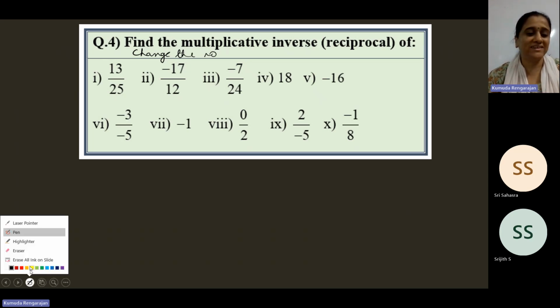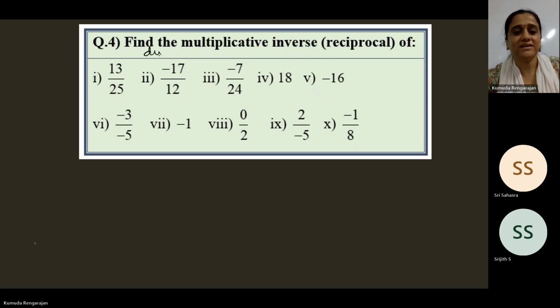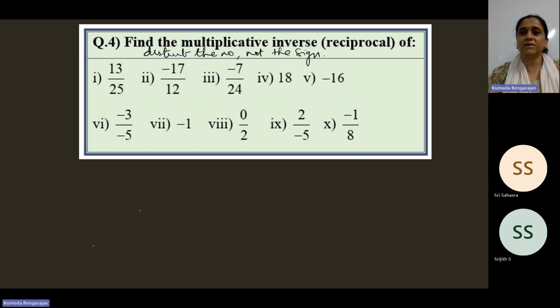Don't disturb the sign. Write the number upside down. So 13 by 25 becomes 25 by 13. Don't disturb the sign, right? Minus as it is. 12 by 17.